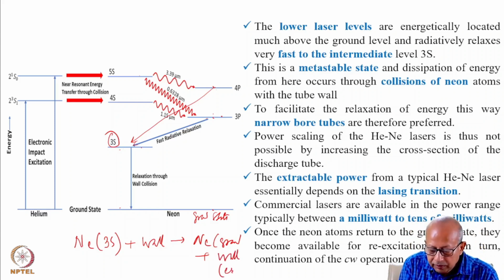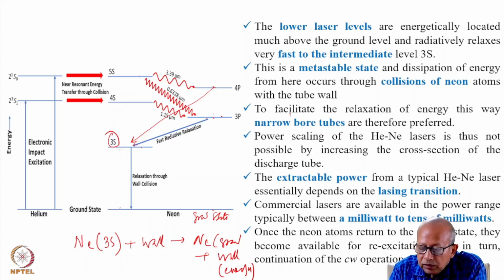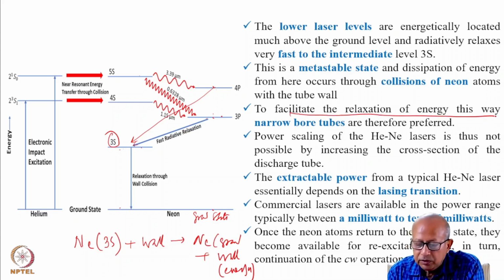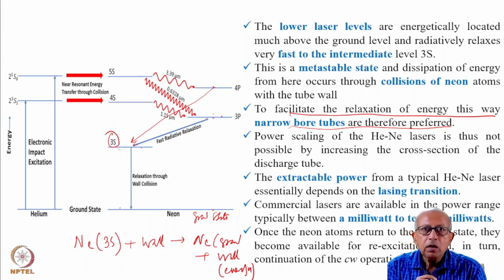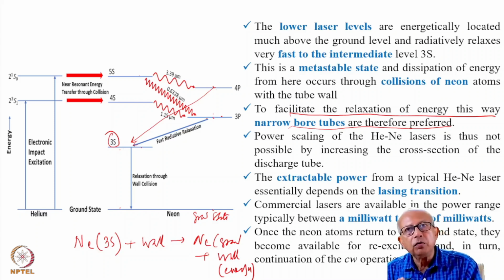The wall takes the energy. Therefore, to facilitate the relaxation of energy, narrow bore tubes are used. If the diameter of the tube is narrow, then the rate of such collision with the wall of the tube will be more, so relaxation of energy will be faster.